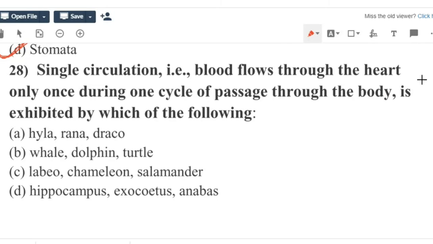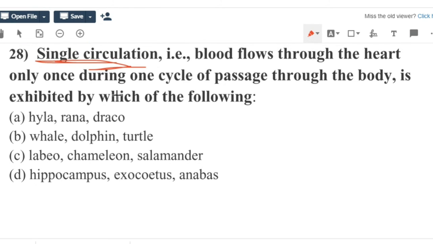Single circulation, that is, blood flows through the heart only once during one cycle of passage through the body, is exhibited by which of the following? Single circulation means they have only a single chamber. Blood flows through the heart only once. Let us check one by one. Hyla, Rana and Draco.